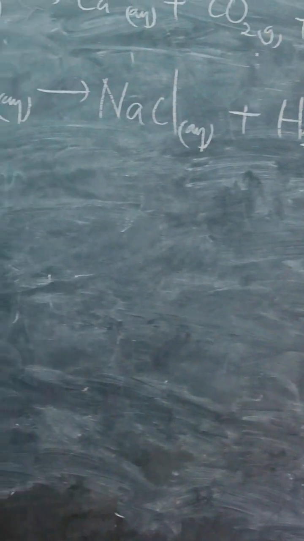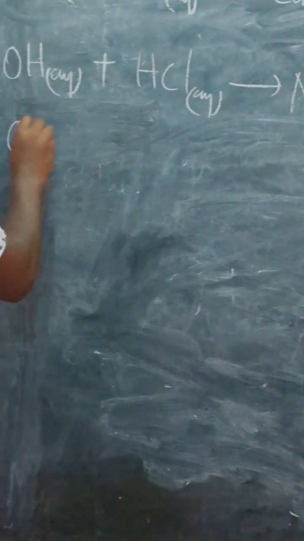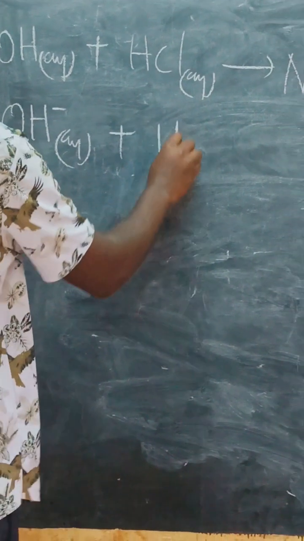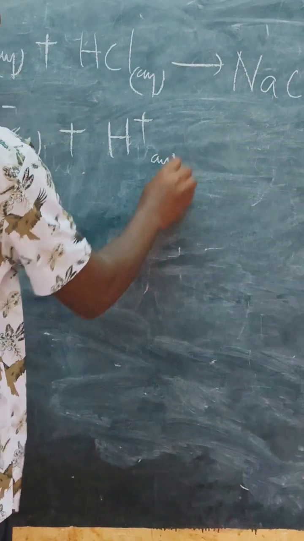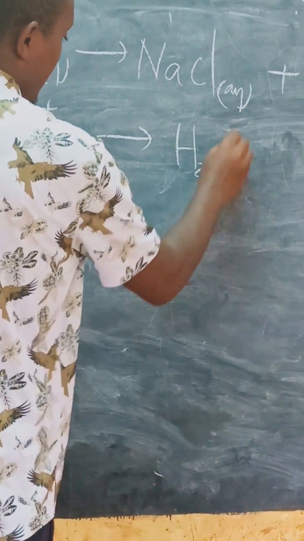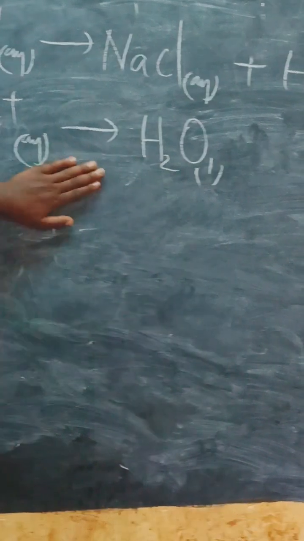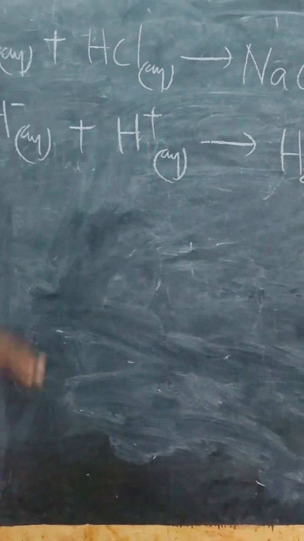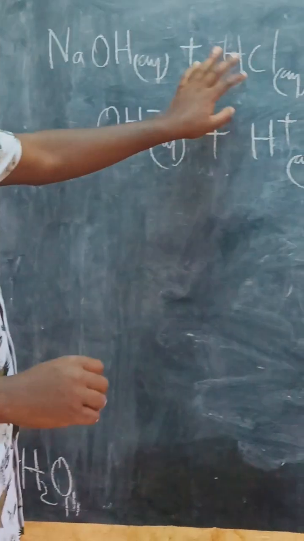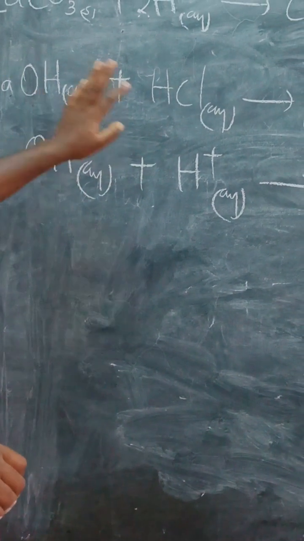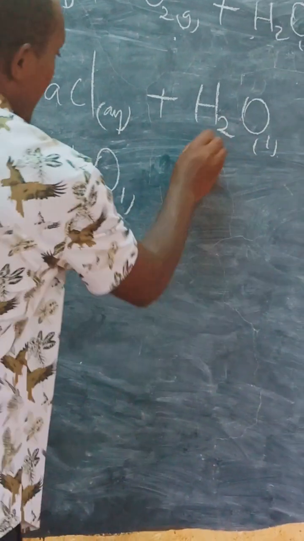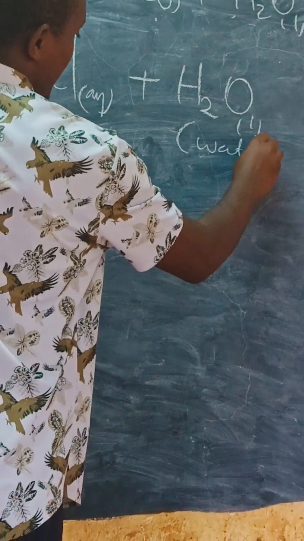So in the ionic equation, hydroxide ions from a base react with hydrogen ions from an acid, aqueous, to give us water. So this is the ionic equation and this is the chemical reaction. In the chemical equation, a base plus an acid gives salt plus water. In this case, we have water being produced.